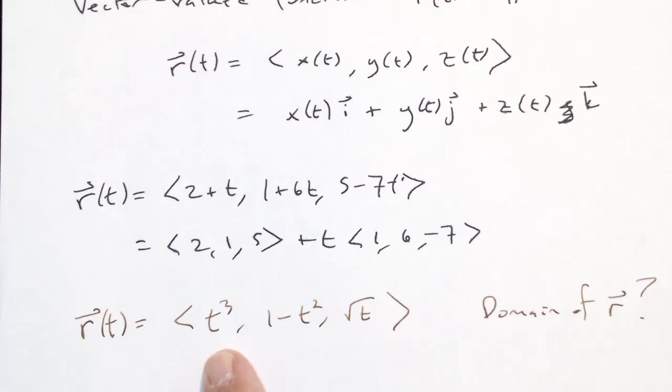Anything you want, minus infinity to infinity. Same thing here, right? But here, I can't use anything negative. Okay, so if each of these has their own domain, then the domain of the whole function is the intersection of the domains of each of the pieces.